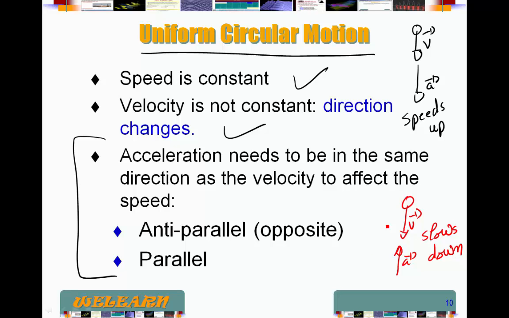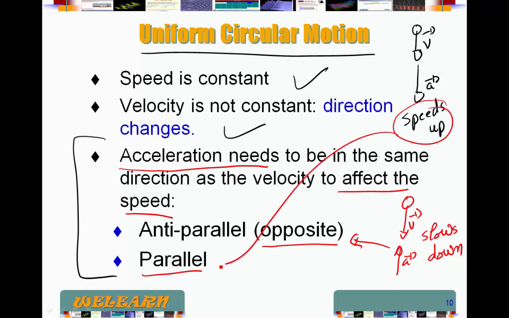In other words, for the acceleration to affect the speed, it needs to be opposite if we are slowing down, or parallel if the object is speeding up.